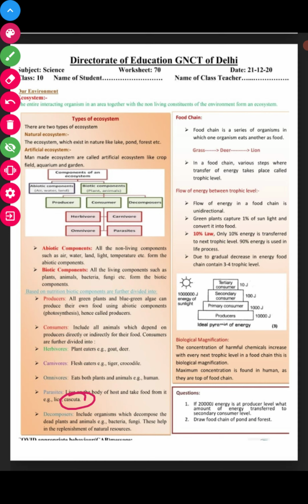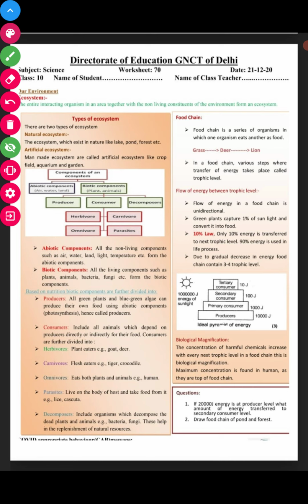I must tell you about the cuscuta. You must have seen some trees near the roadside covered with a yellow kind of tendrils. These tendrils are nothing but the plant called cuscuta. They take the food from that plant.